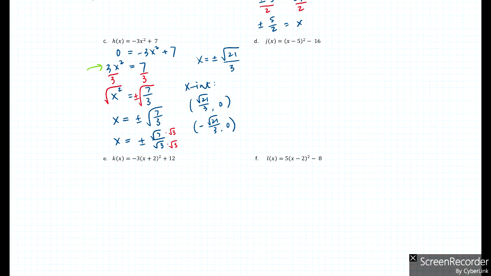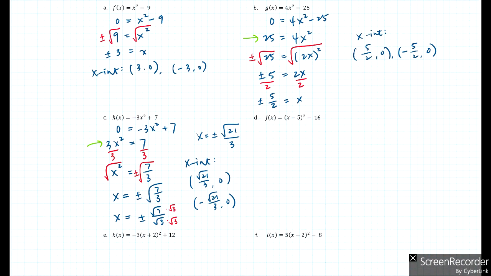So you can see if we compare our solutions for parts B and C, their formats are very similar, where we have a leading coefficient that's not equal to 1, and we see there are really 2 ways we can deal with this case. When we have a perfect square, we could just treat them all together and take the square root, but you can also just universally divide away whatever the leading coefficient is whenever it's not equal to 1.